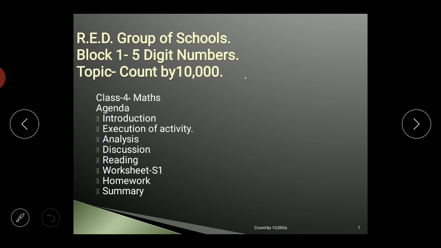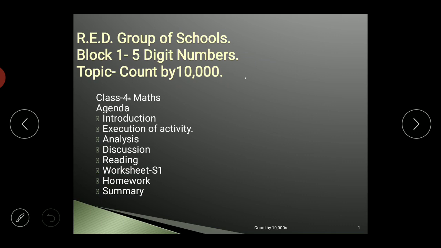Our agenda today: first we introduce today's topic, then we do an activity. On the basis of the activity we have some analysis questions, then a discussion of what we have learned through the activity, then a reading work.